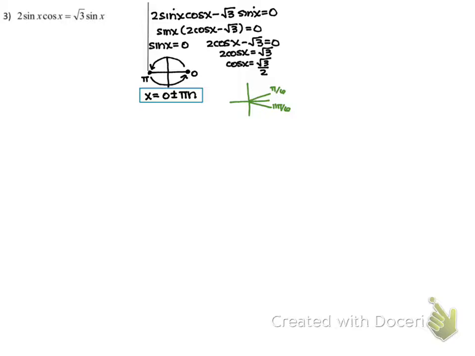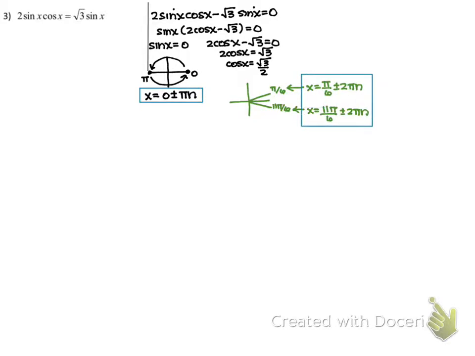So for this one, this is going to be x is equal to pi over 6 plus or minus full loop 2 pi n. And then x is equal to 11 pi over 6 plus or minus full loop 2 pi n. I can't wrap them up.